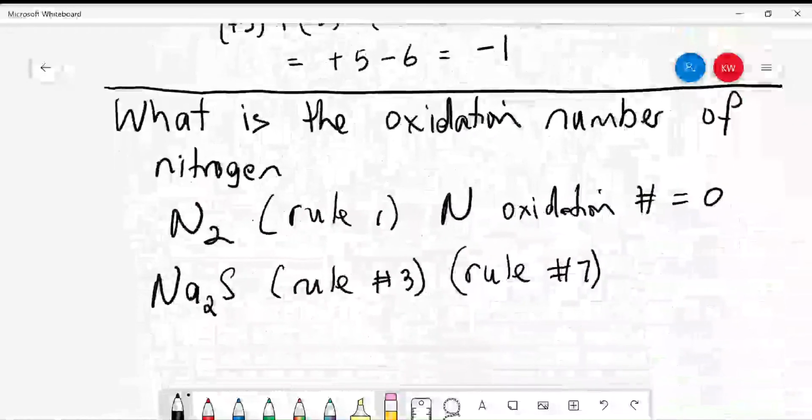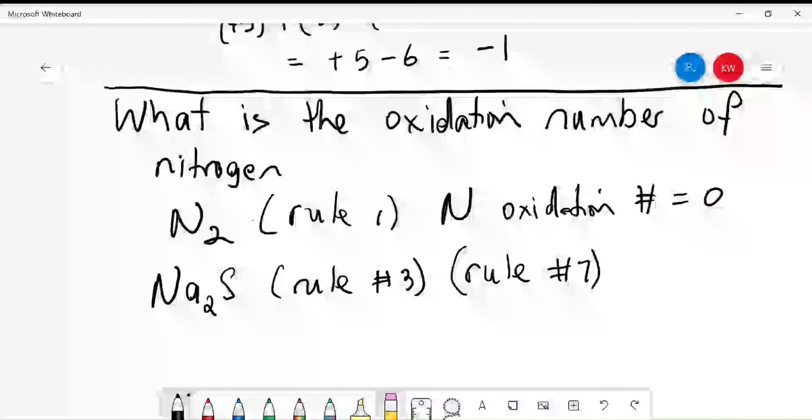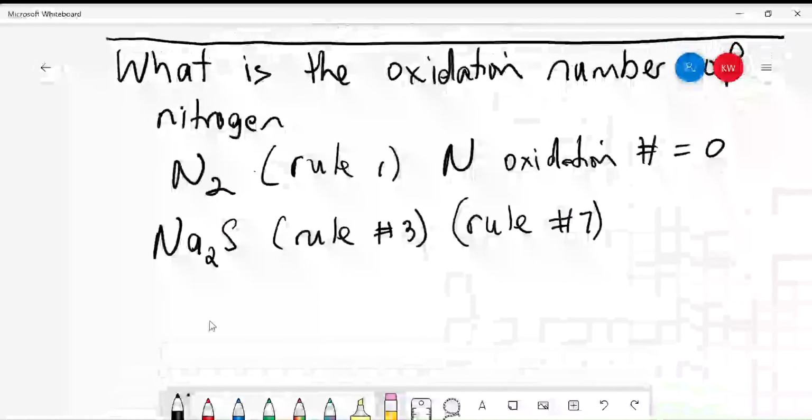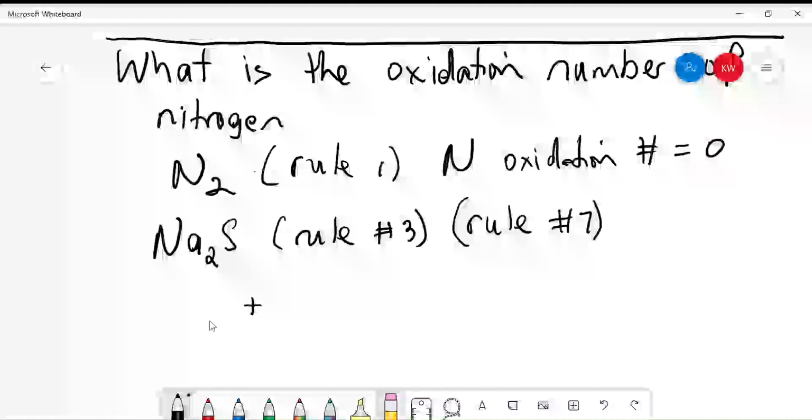So based on that, sodium is in group 1, so it has an oxidation number of +1. We have 2 sodium, so it's +1, +1, and sulfur, we don't know sulfur, right? Let's call it X. And all of this must add to 0.